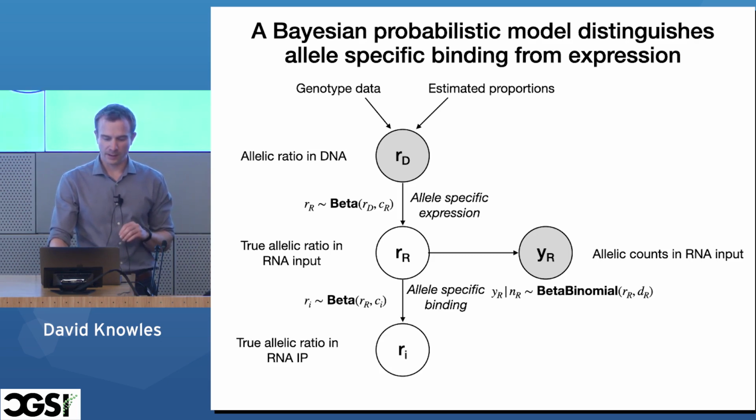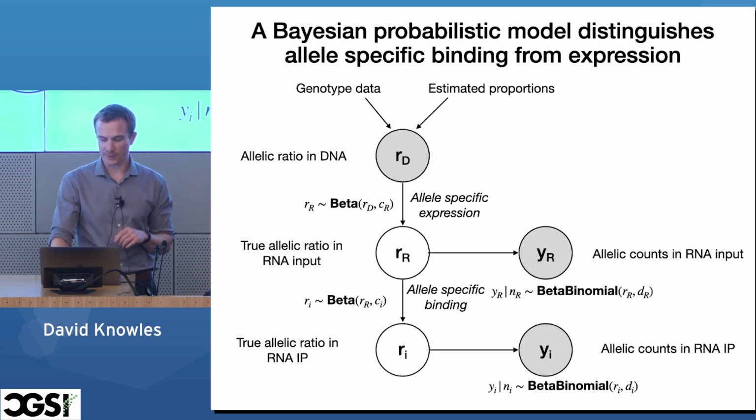Then the allelic ratio in the IP, again, is going to be different from the allelic ratio at the RNA level if there is allele-specific binding of the RBP that we're looking at. So we again model this connection with a beta distribution where the mean is equal to the mean in the RNA, and there's another dispersion parameter, CI.